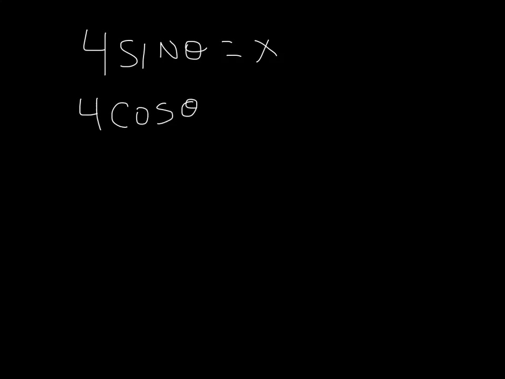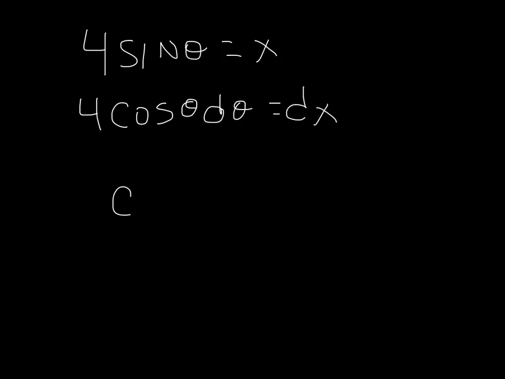So now we could take advantage of what we know, which is 4 sine theta equals x. And when we find the derivative, we know that it's 4 cosine theta d theta equals dx.